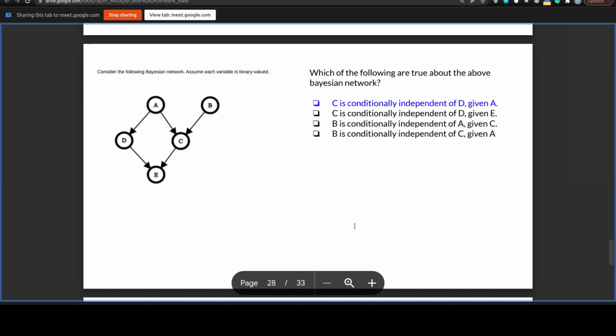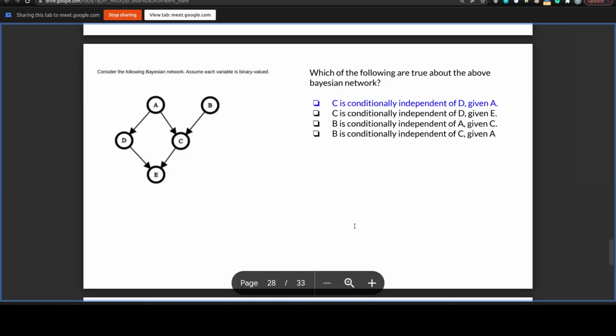So let's say I want to find whether something is conditionally independent or not. Whatever variables I want to check for conditional independence, I'll calculate the joint probability of that.